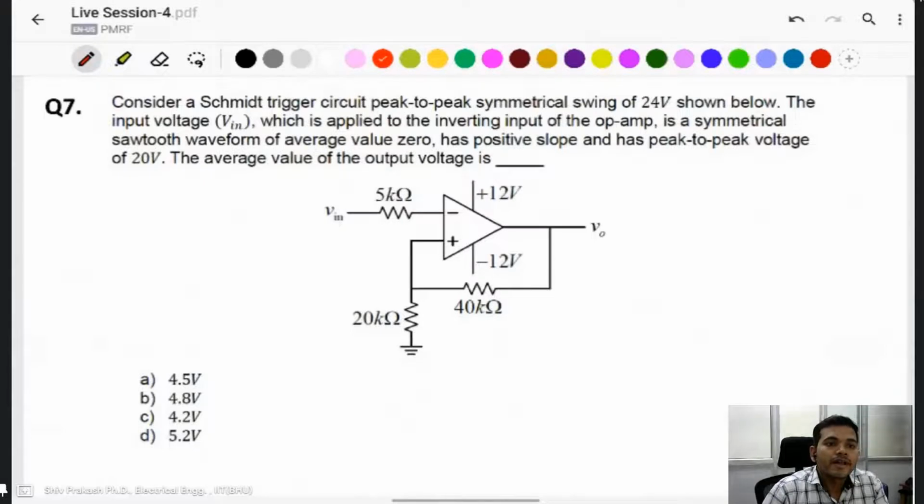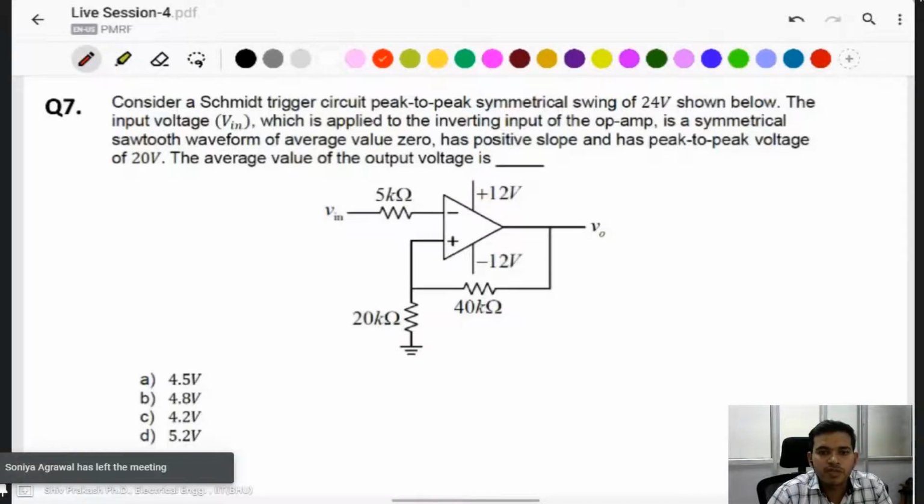Next question. Consider a symmetrical circuit with a peak to peak symmetrical swing of 24 volt, that is plus 12 volt and negative 12 volt, a 24 volt swing. The input voltage is applied to the inverting input, which is the negative terminal.